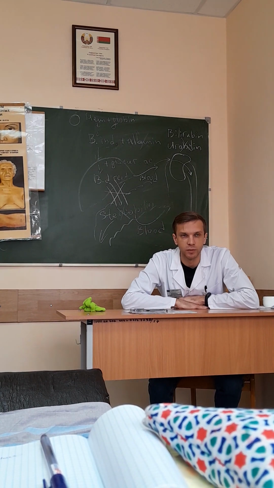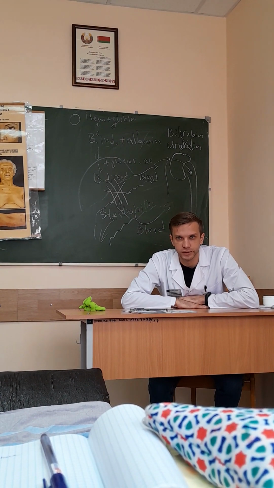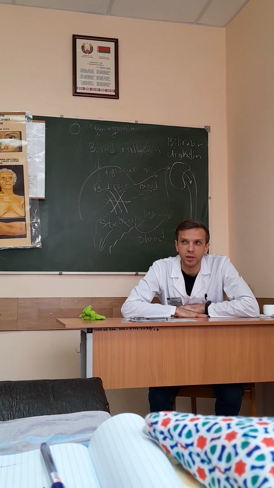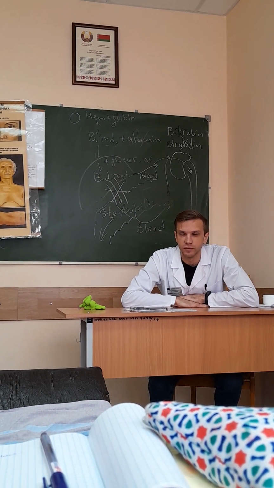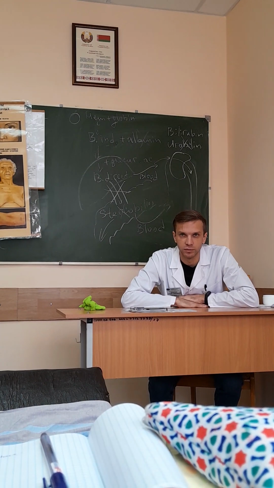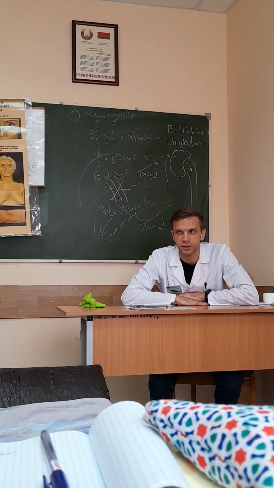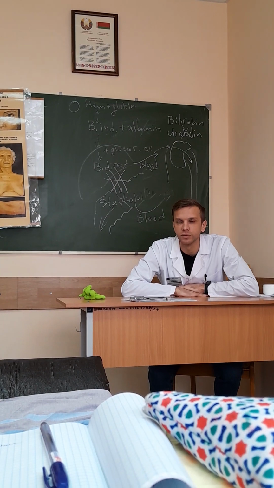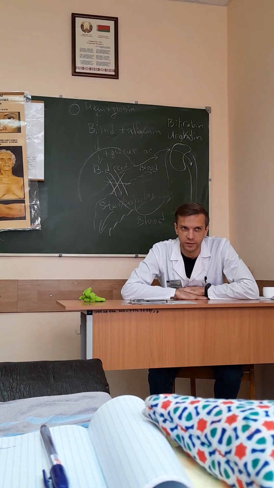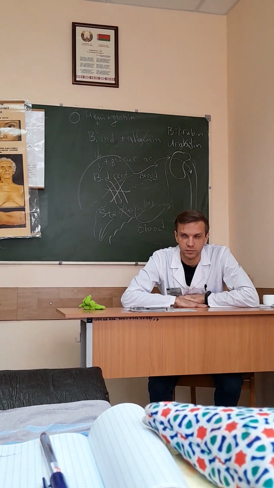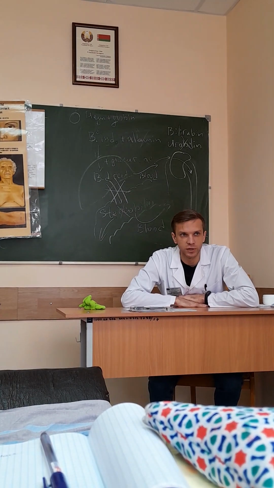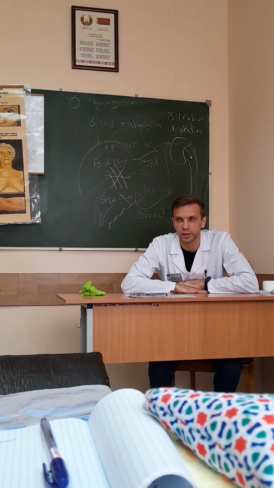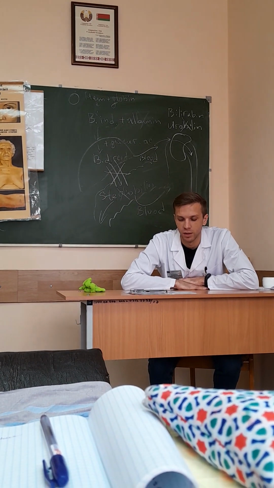For a biochemical blood test, we don't use any additional stabilizers. But from coagulation, we can take fibrinogen as a marker of inflammation, and also we can check prothrombin as a marker of liver failure. If the liver does not produce proteins, including prothrombin and protein factors, prothrombin will be decreased.